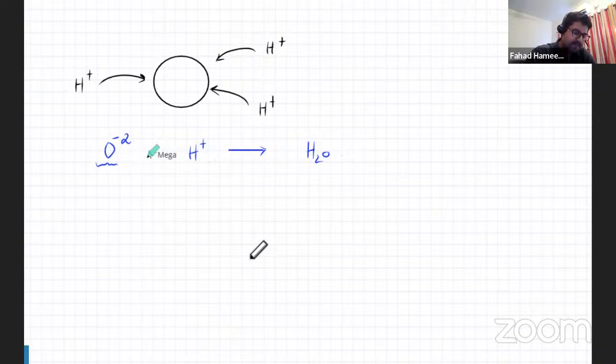Metal oxides. And there's another compound, hydroxides. They're also capable of accepting or attracting H+1 ions. The other one is OH-1. This would be 2H+1. When they accept H positive ions, they turn into H2O.